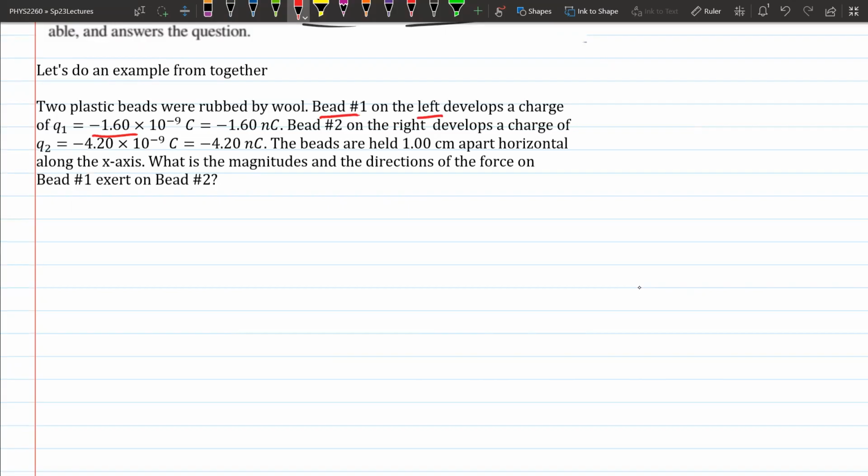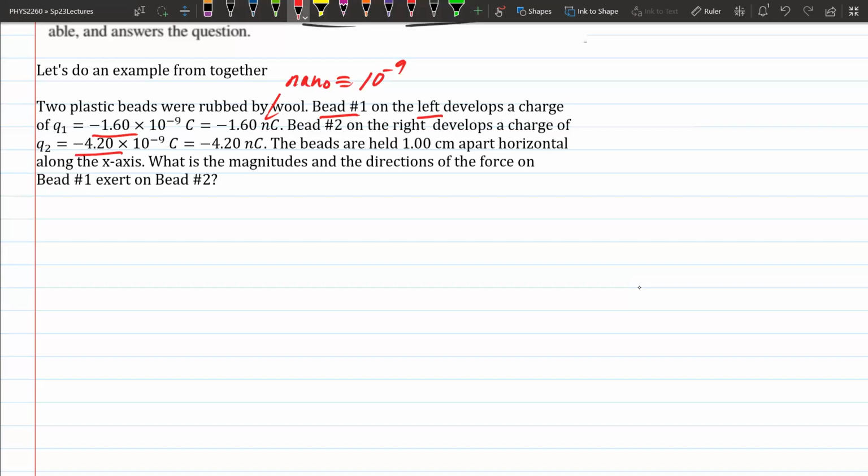In other words, negative 1.6 nanocoulomb. This little n stands for nano, and nano is equal to 10 to the minus 9. The bead on the right develops a charge of negative 4.2 times 10 to the minus 9, or negative 4.2 nanocoulomb, okay?